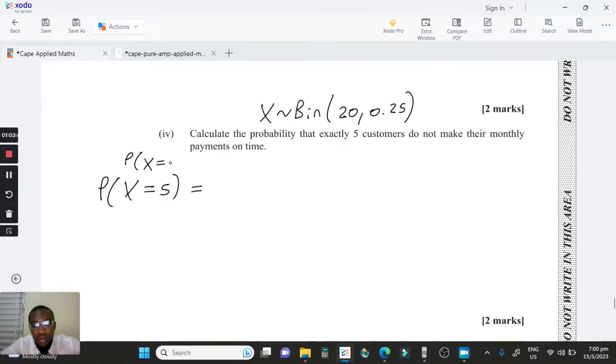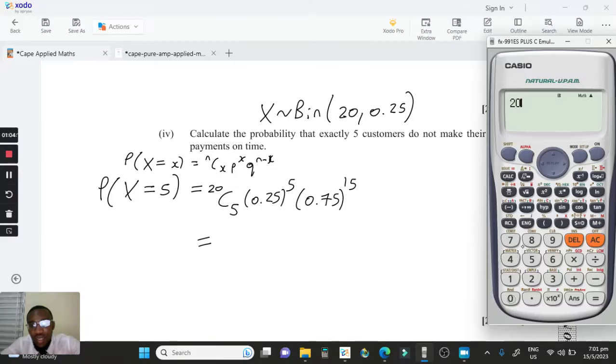Probability of X equal to x is n choose x, p to the x, q to the n minus x. So this is 20 choose 5, 0.25 to the 5 times 0.75 to the 15. I'll put that in our calculator.